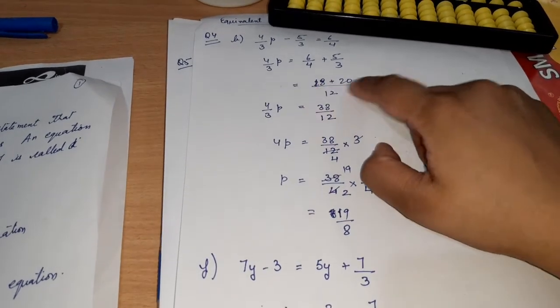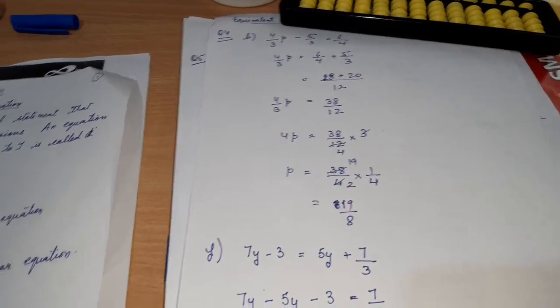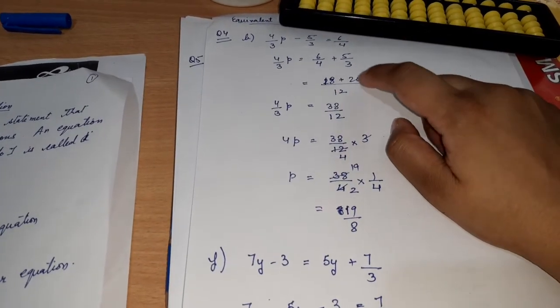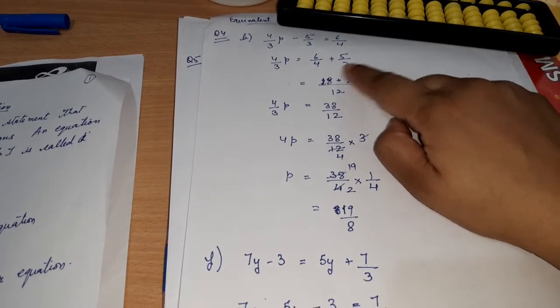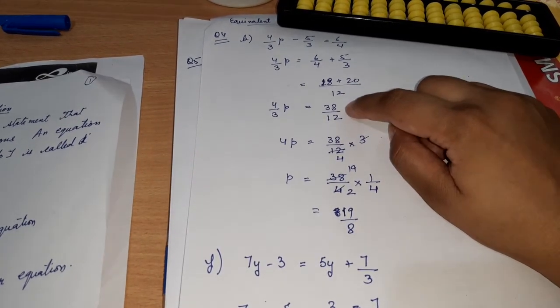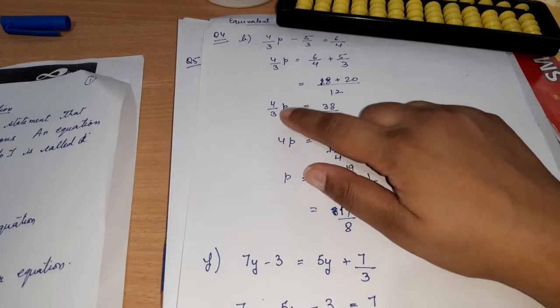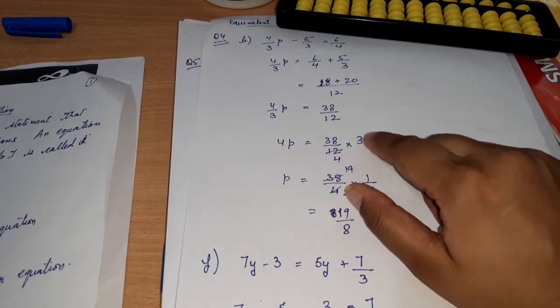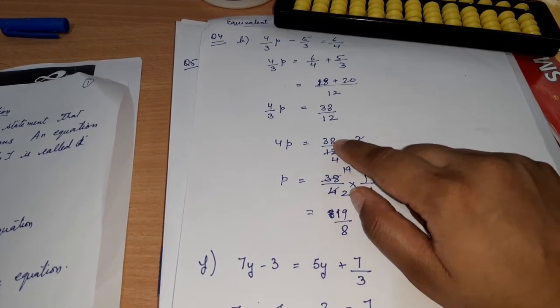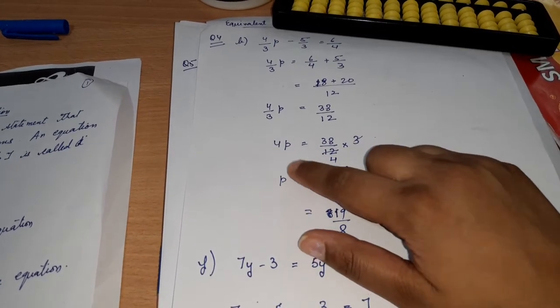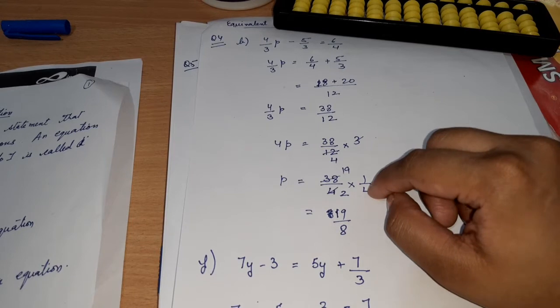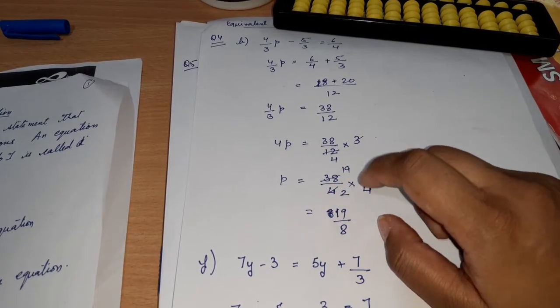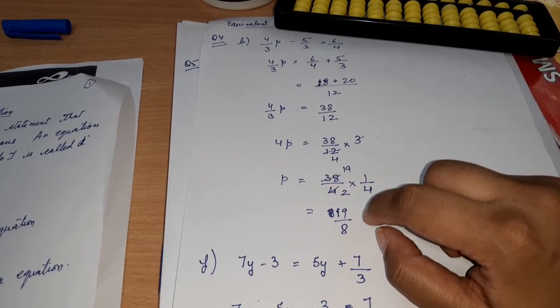We will take the LCM of these numbers. 18 plus 20 divided by 12. तो जब हम इसको करेंगे it will be 38 by 12. Now by transposition method 3 will go that side and become multiplication. We will cut. It will be 38 by 4. Now 4 will come to the other side and it will be division. And when we do the cutting, our answer will be 19 by 8.